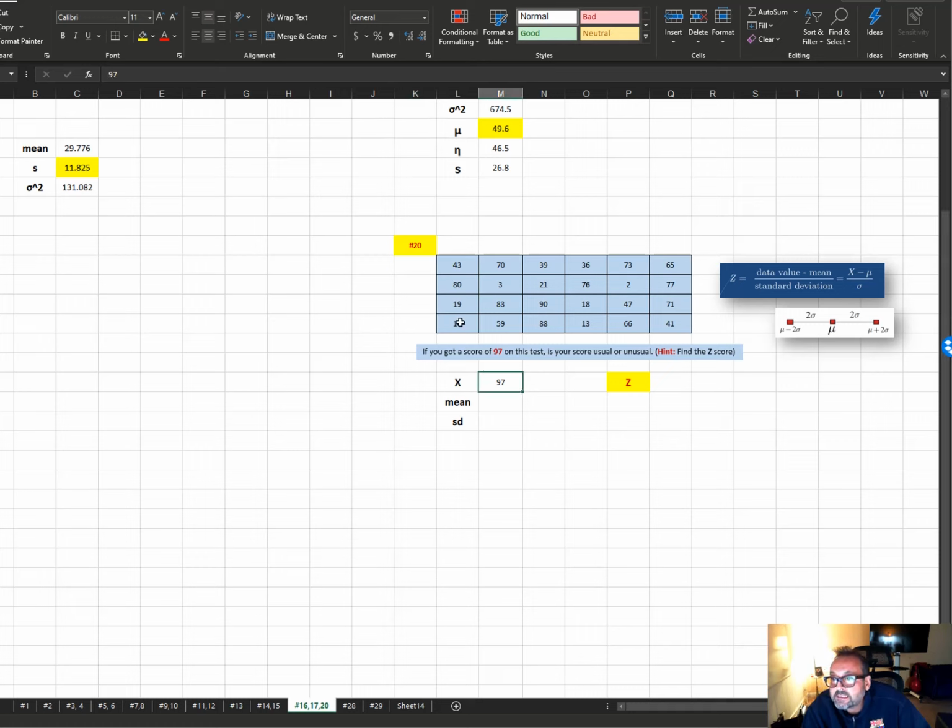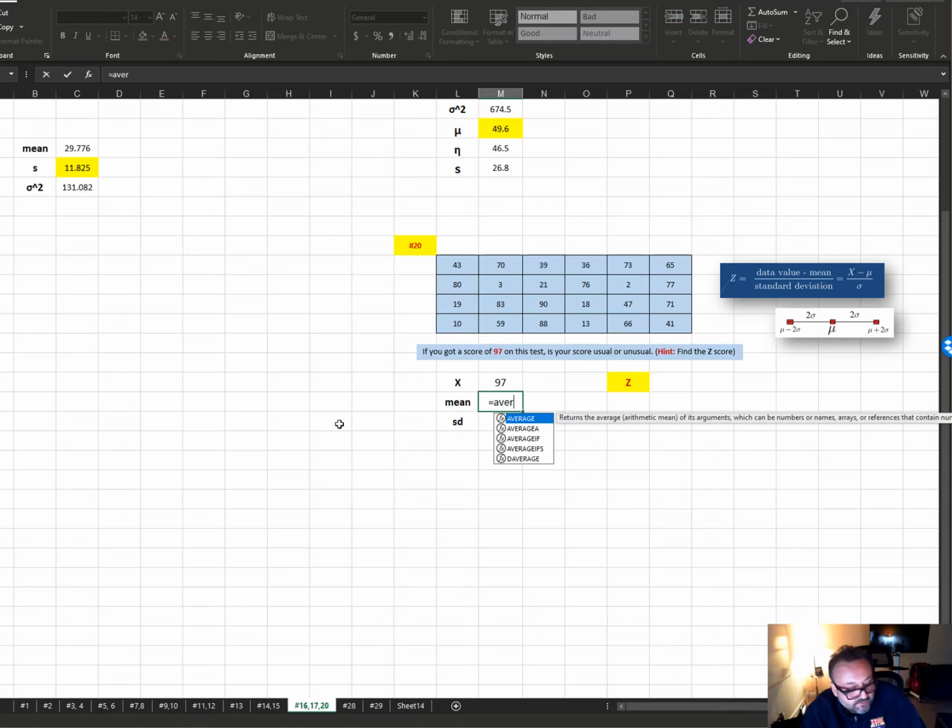Alright, my x is 97. They've given me my x value. That's the one I'm trying to determine is usual or not. In order to do that, I need to calculate the mean and the standard deviation. The mean is average, and for my standard deviation, I could use stdev.p or stdev.s, population or sample.